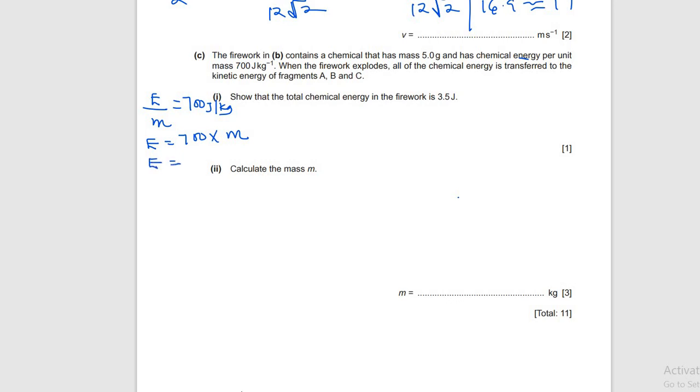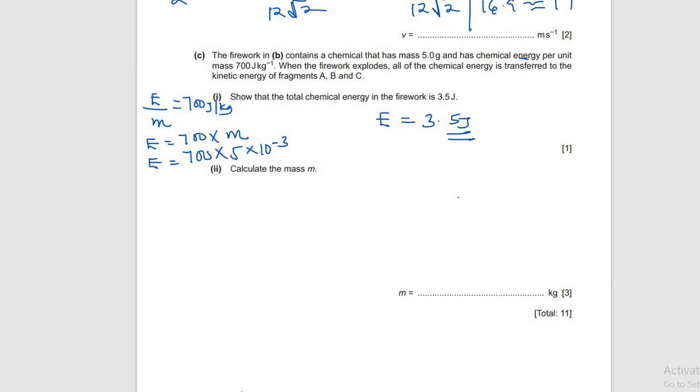The mass is 5 grams, convert it to kilograms by dividing by 1000. So 700 times 5 divided by 1000 gives 3.5. So the chemical energy is 3.5 joules. That's it.